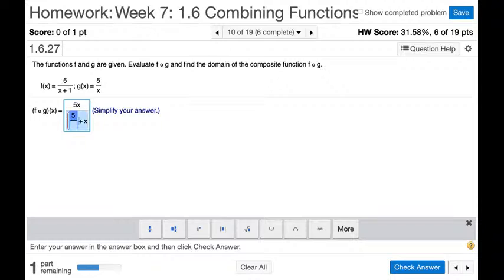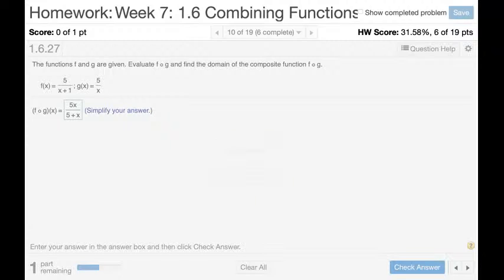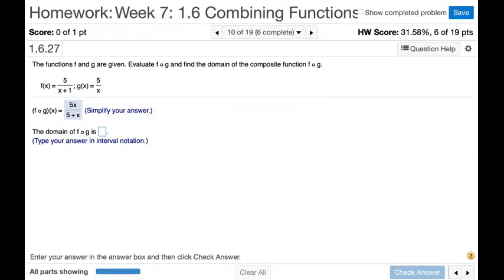I think it's like this, right? So the domain. The domain of the inside function is everything except 0. The domain of the simplified is everything except -5. So then if we take the intersection of those two sets, it's going to be everything except 0 and -5.